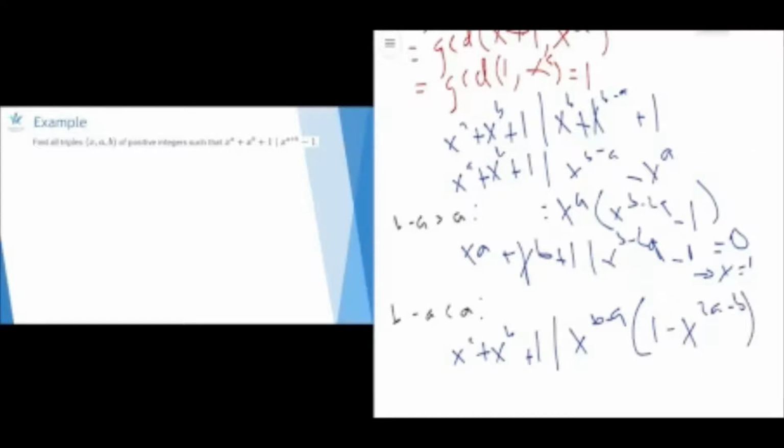Okay? So, now as we did before, we can cross out the x to the b minus a. So now we have to deal with this thing over here.